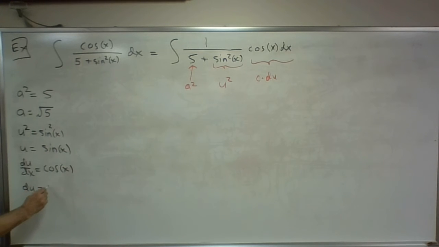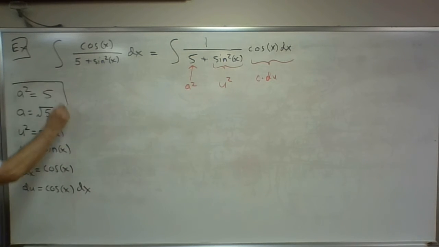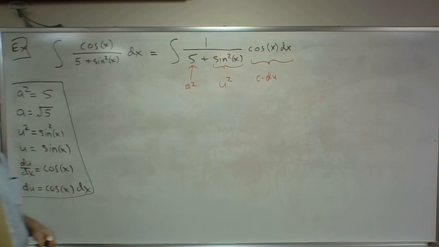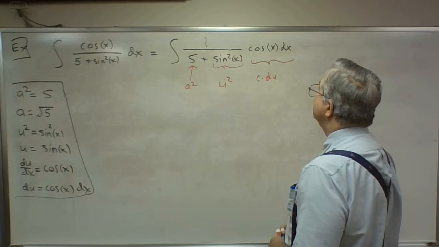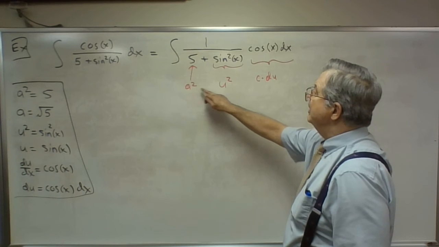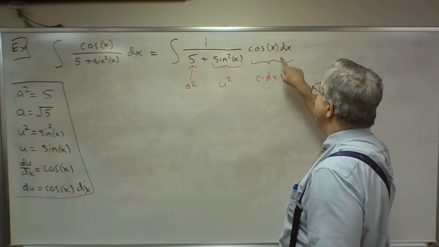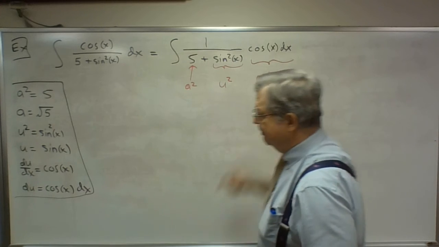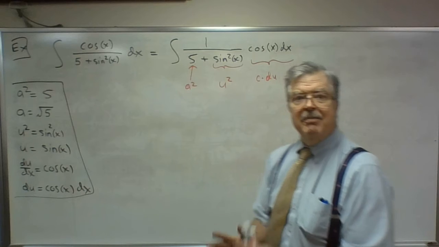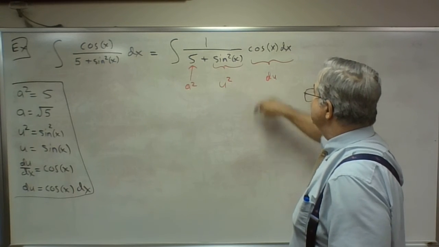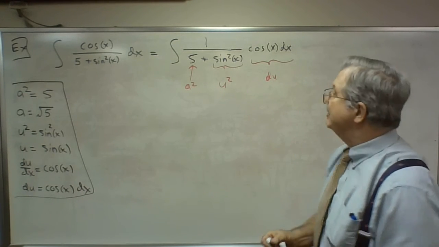And that means that du is cosine of x dx. This is a squared, that's u squared. And cosine of x dx is our du. So we're not even off by a constant multiple. We just got du here. Oh, this is going to be great.